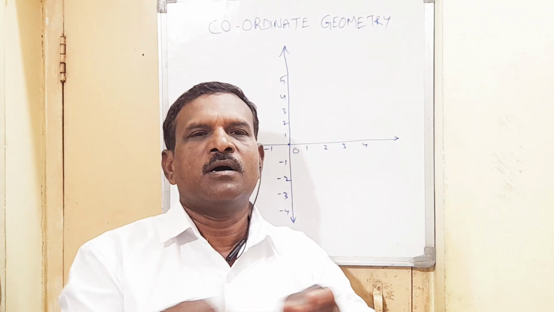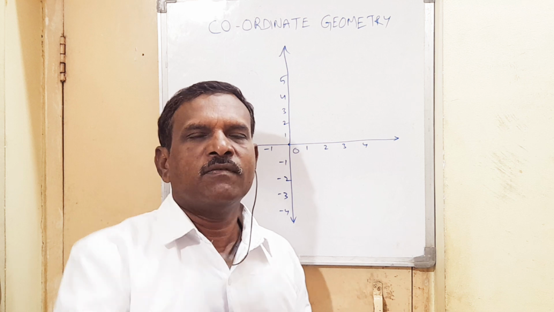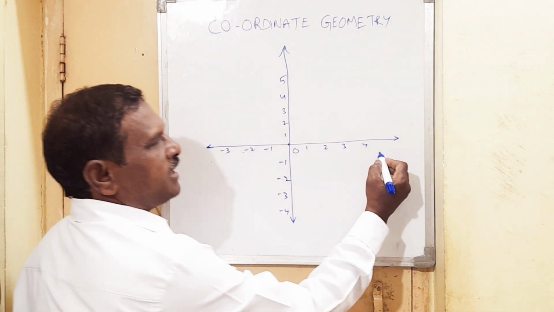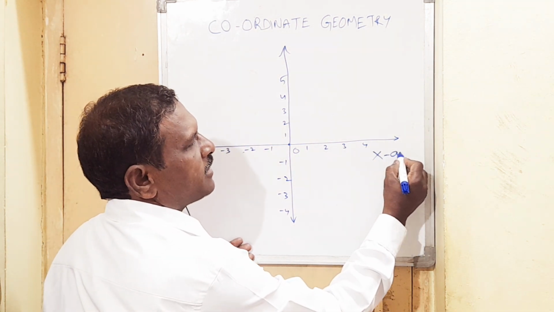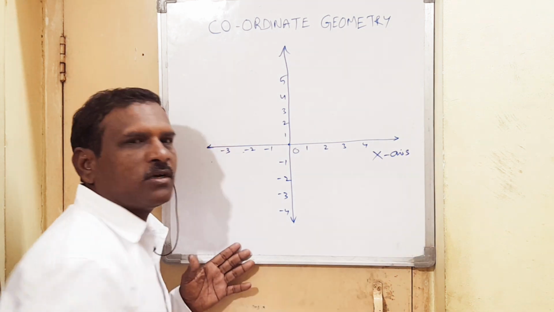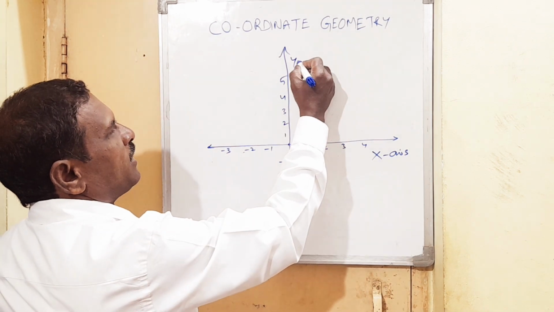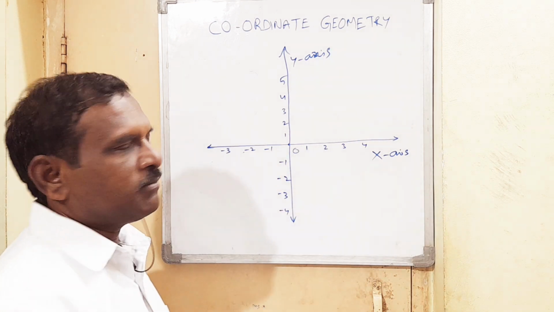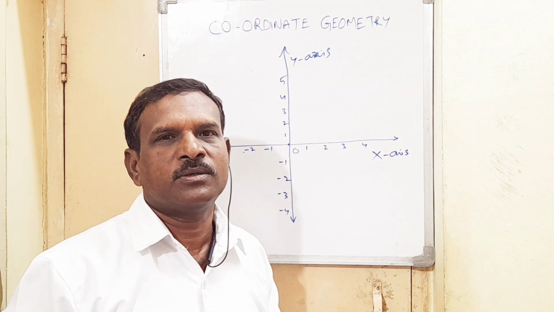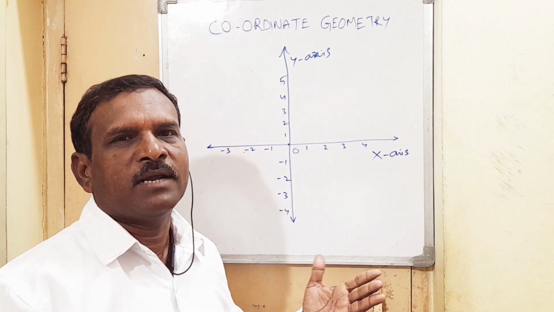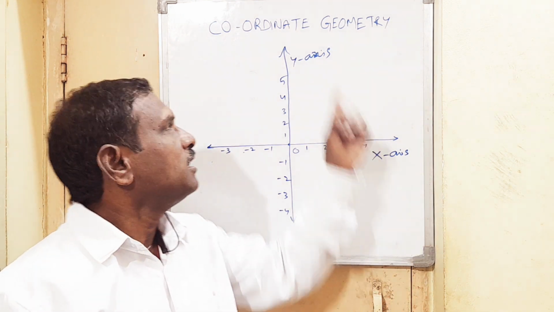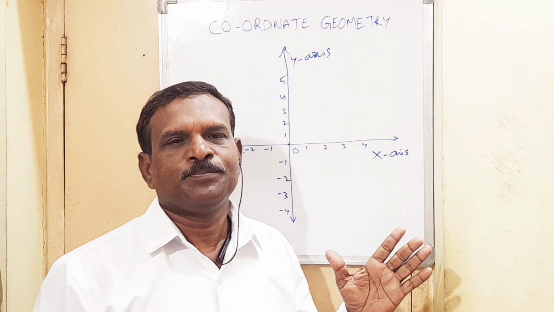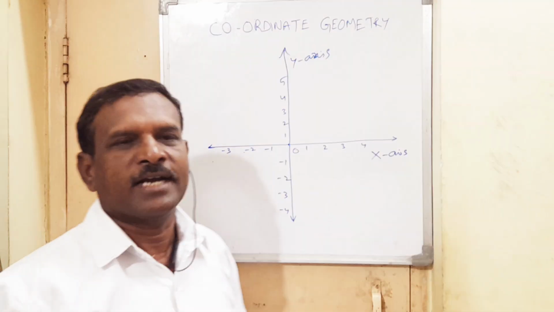One is drawn horizontally, the other is drawn vertically. The horizontal line is called the x-axis. Sometimes we call it a sleeping line also. The vertical line, the standing line, is called the y-axis.